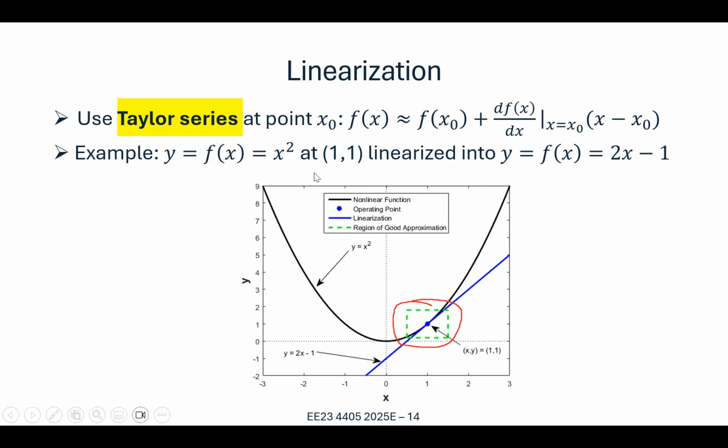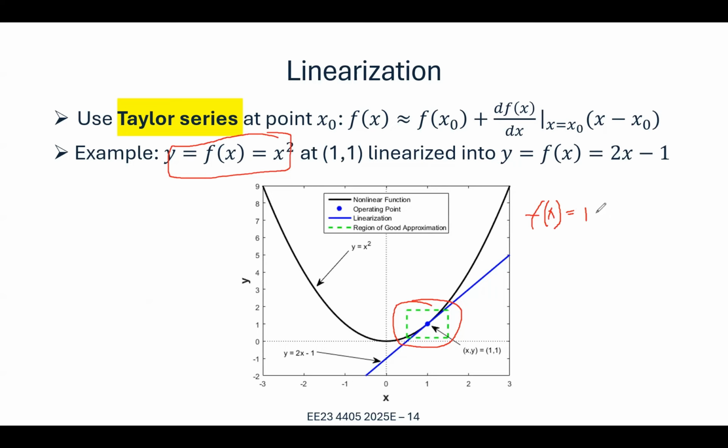For example, we have x squared, which is our main nonlinear function. At 1 comma 1, f(x0) is 1, because if x0 is 1, then f(x0) is also 1, because it's 1 squared.